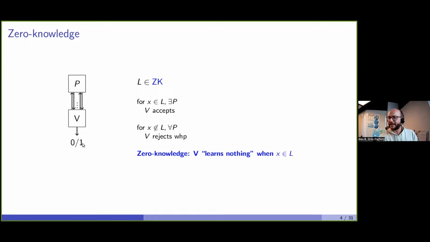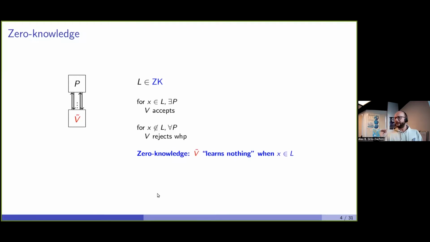But when it's a yes instance, or when you're post-selecting to this case, the verifier is learning nothing else. This is a very hand-wavy definition, and we'll see how to have a proper definition of a verifier learning nothing from interacting with the prover.